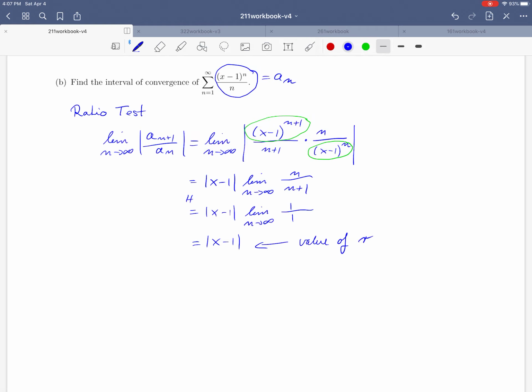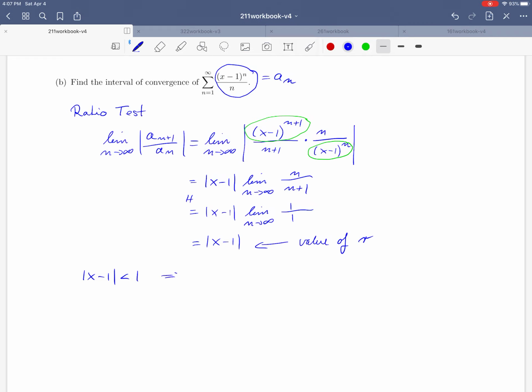And so this is the value of r in the ratio test. Now what does that mean? We wanted to know for what values of x our series converges, and the ratio test says this happens when r is less than 1. So we need the absolute value of x minus 1 to be less than 1.